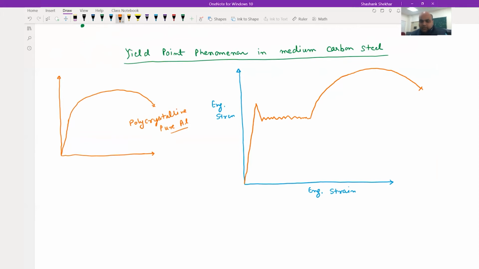Again, not up to scale, but this is a schematic for understanding. So you can clearly see now the difference between the tensile curve of polycrystalline pure aluminum and this one for medium carbon steel.